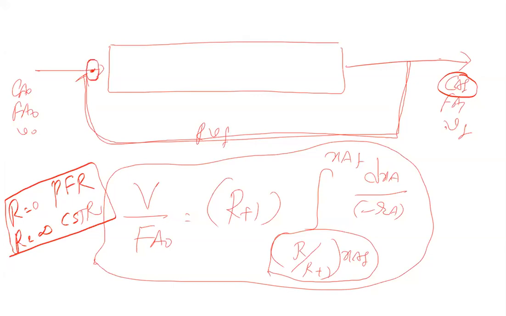You will write from conversion what is, this is R by R plus 1 into XAF, and from this one you will apply the payoff equation. So I have not done that derivation because from the GATE point of view, this derivation is not important. This doesn't explain any concept here.